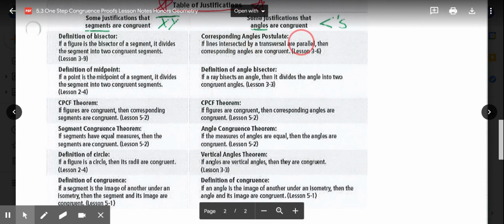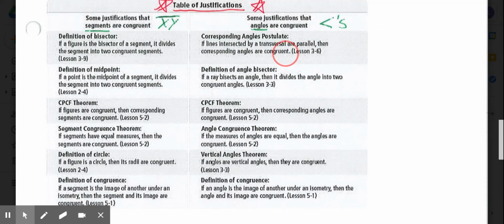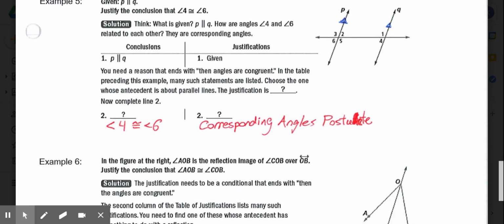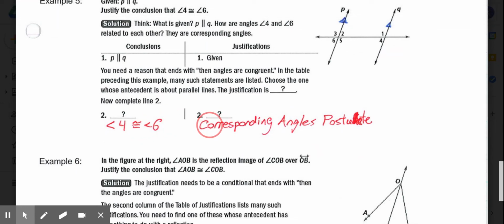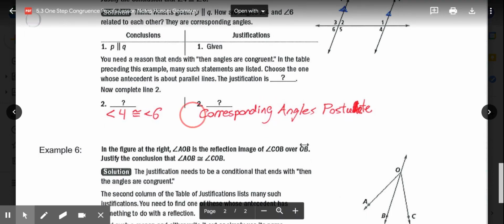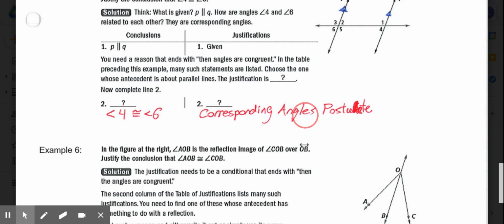If lines are intersected by a transversal and those lines are parallel, then the corresponding angles are congruent. So our final conclusion is angle 4 is congruent to angle 6. How do we justify that? The corresponding angles postulate. And again, you'll see I'm not making you write out the whole justification, just the title of the postulate or theorem.